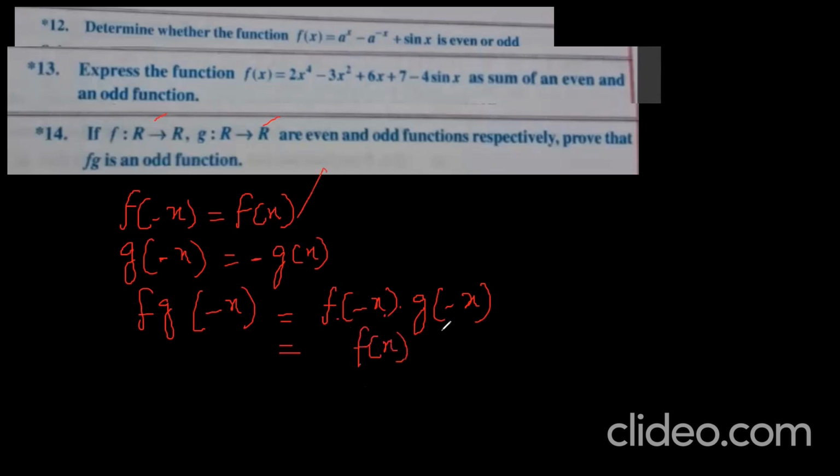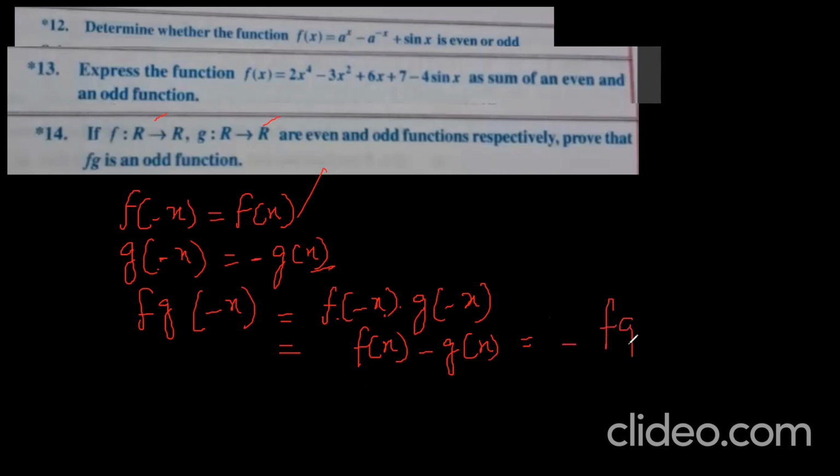F into g of minus x I am taking, which is going to be f of minus x into g of minus x. This we know: f of minus x is f of x, and g of minus x is minus g of x. What do you get?